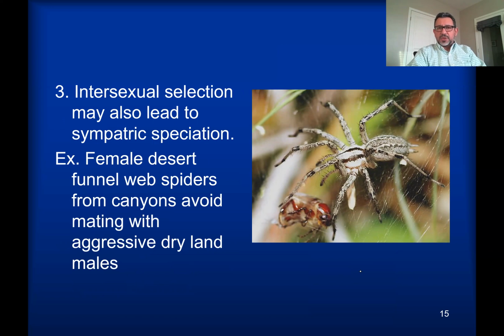In the case of animals, this can also lead to sympatric speciation, because a female may choose to mate with only certain individuals with a certain physical trait or a specific set of behaviors.